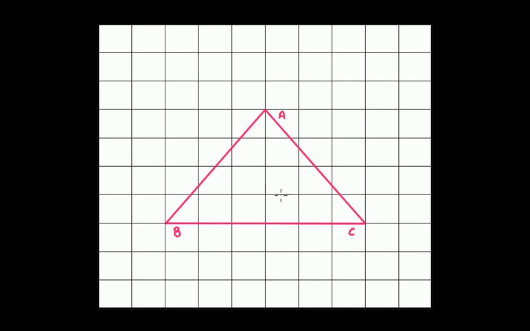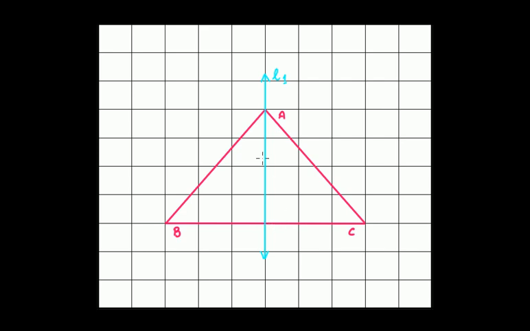That's why if you pass a line from a vertex through the midpoint of the opposite edge, a line passing through the vertex and connecting the midpoint of the opposite edge, this will be the line of symmetry.